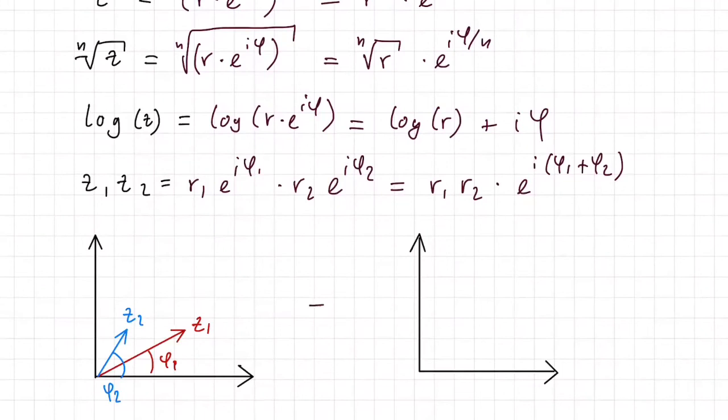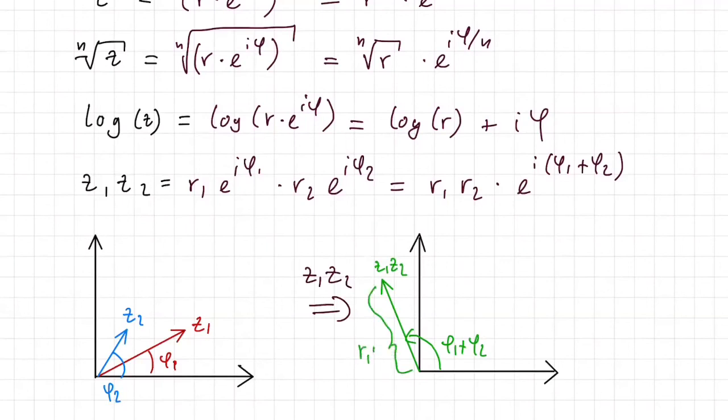Then we see that multiplying these two numbers together, so Z1 times Z2, basically corresponds to adding the angles together. So the resulting angle here is phi 1 plus phi 2. And the length of the vector that we now get, Z1 Z2, is R1 times R2. So you see that these operations can be visualized nicely in the complex plane.